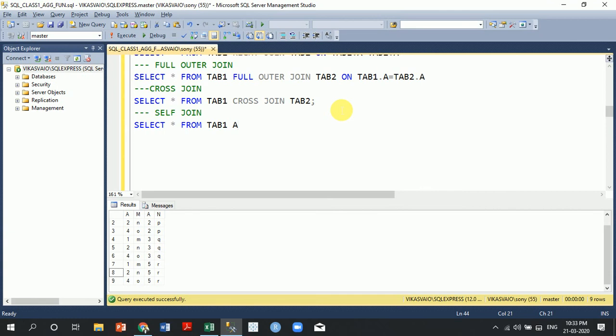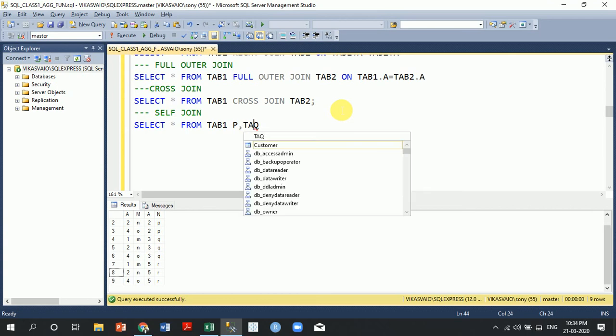Create the alias of table 1 twice, table 1 p comma table 1 q. Actually, a is already our column name, so I'm writing p and q here. I've created two aliases of the same table.